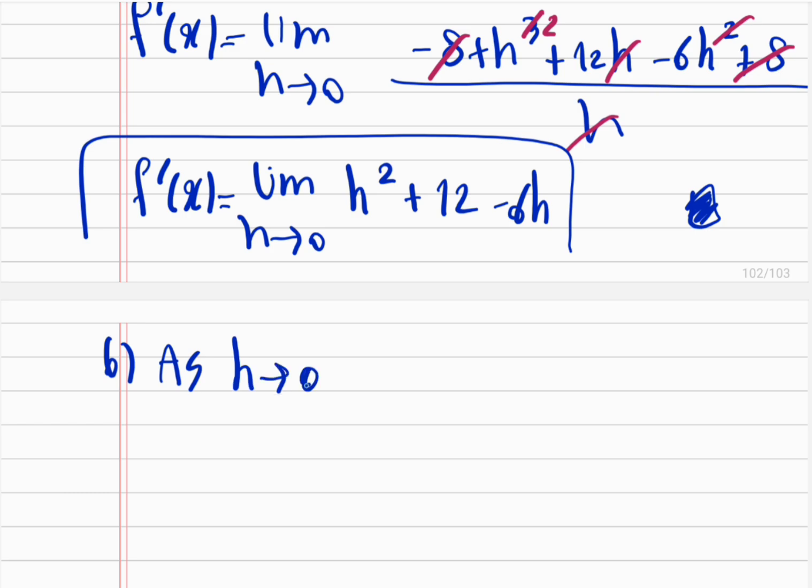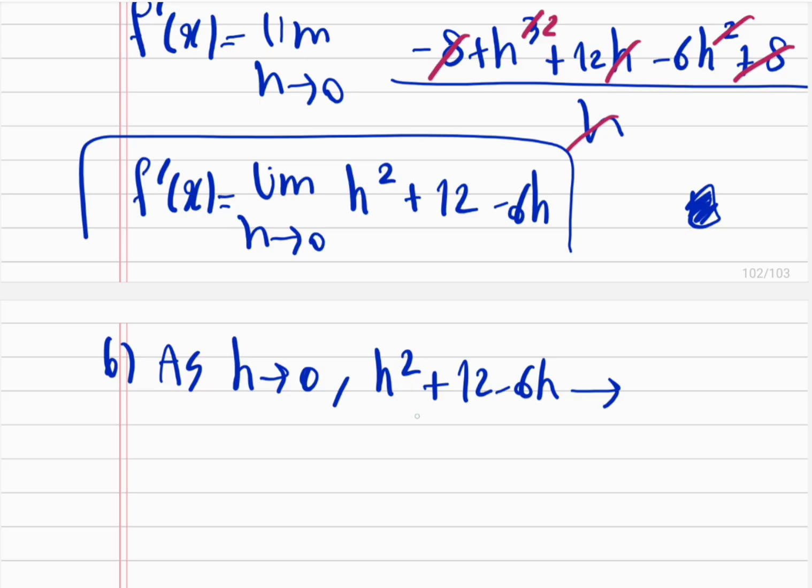So as h tends to 0, we can say what happens to the function. Here the function is h squared plus 12 minus 6h, which tends to something. You can always use this format: say as this limit happens, then this happens to the function. It's about showing what's going on, because if you just write down the value, you might lose a mark.